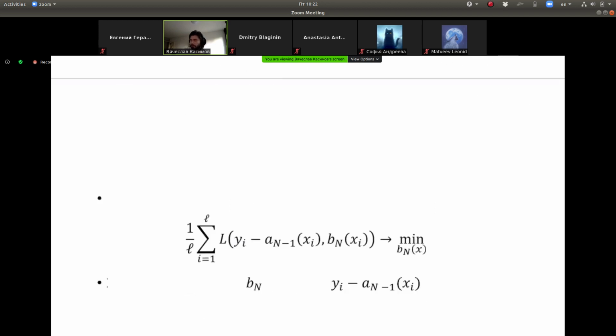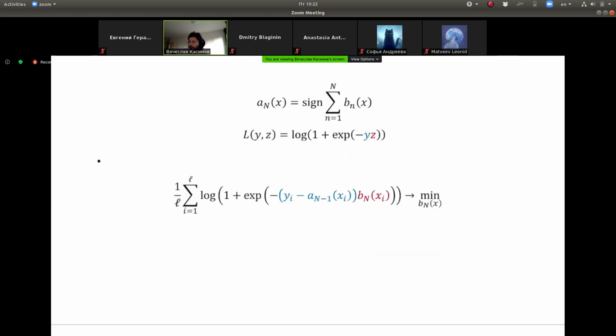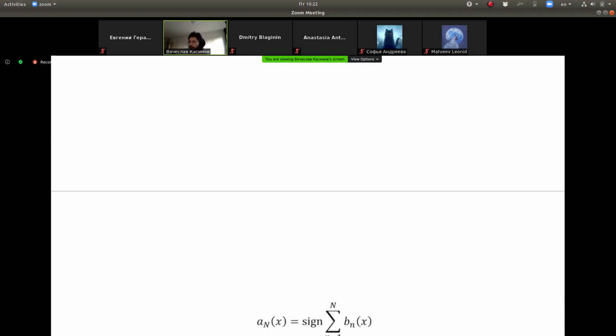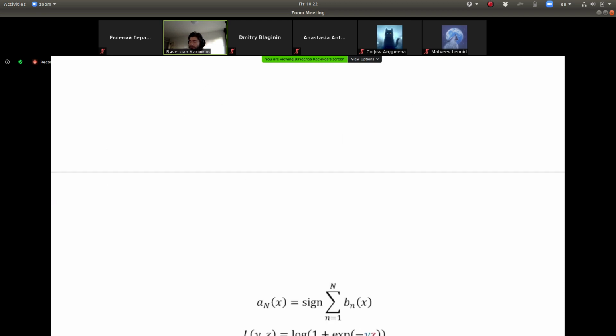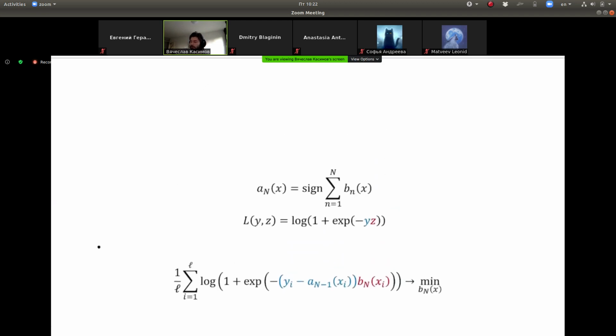Okay, let's see a particular example. Here we use logistic regression, and here is our loss.